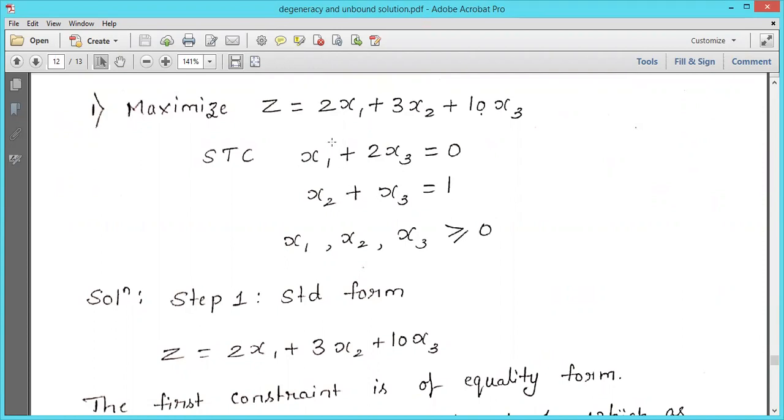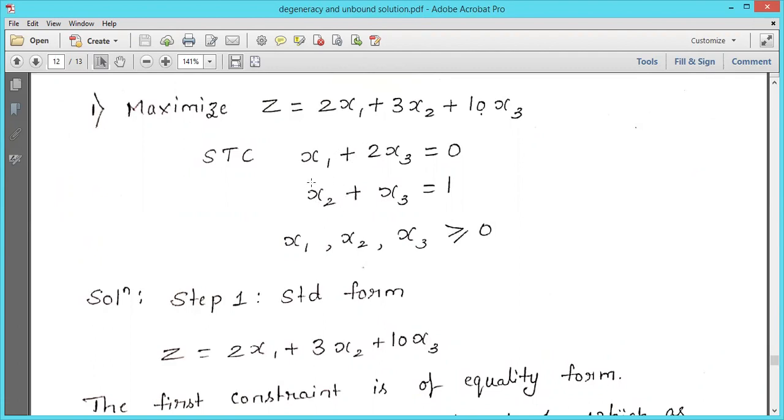If you observe, x1 is present only in the first constraint and it is not present in the second constraint. So we can treat this x1 as a slack variable. And x2 is present only in the second constraint and it is not present in the first constraint.